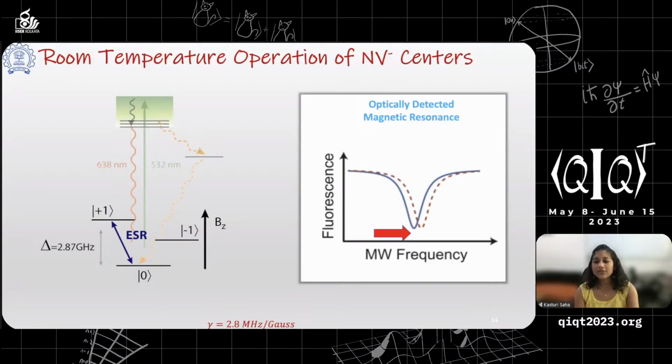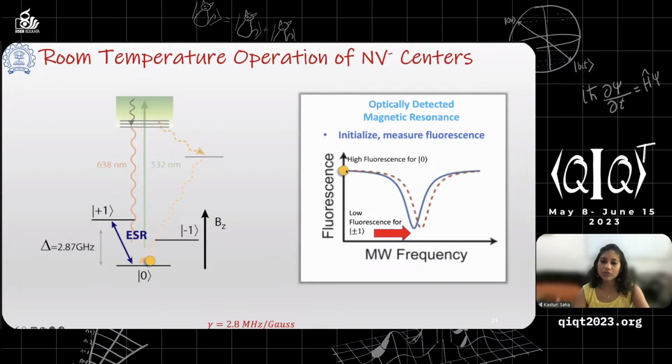Now, let's try and understand how the NV center works like a magnetic field sensor. As I have already mentioned, the 0 state has high fluorescence in comparison to the +1 or the -1 state. So when we start our measurements, let's say on the fluorescence axis, we measure some number of counts, fluorescence or counts per second, right? Now, let's start applying the microwave.